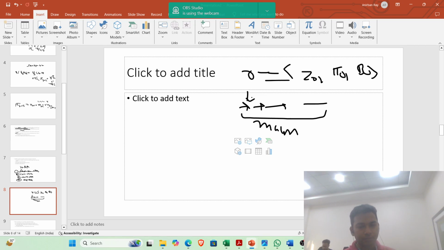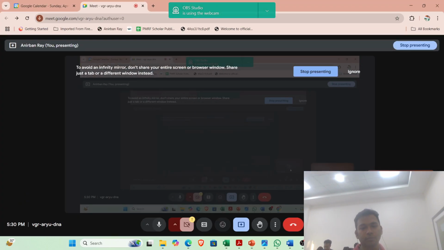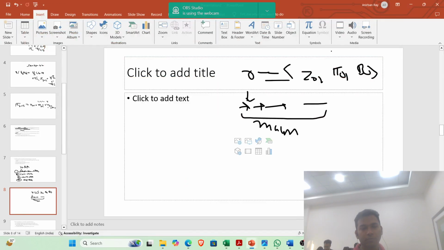Further, there are three components in options.